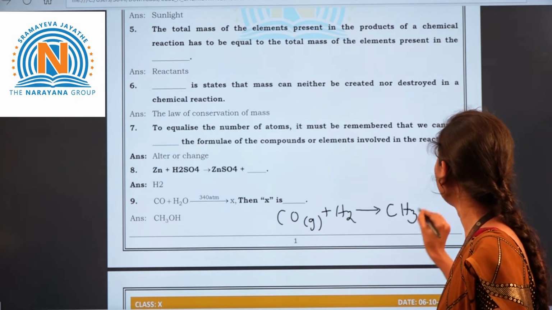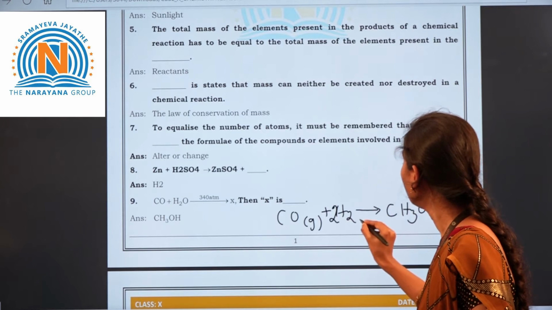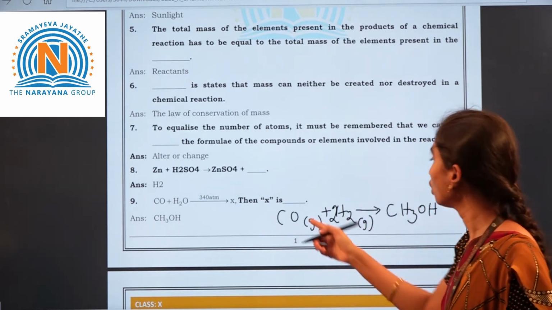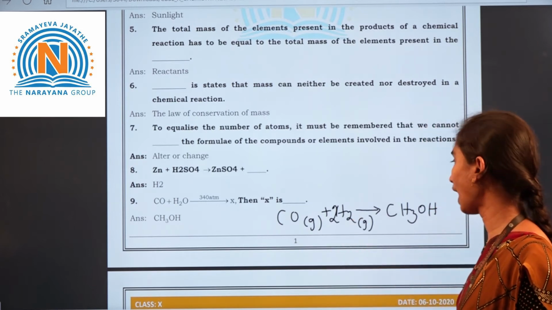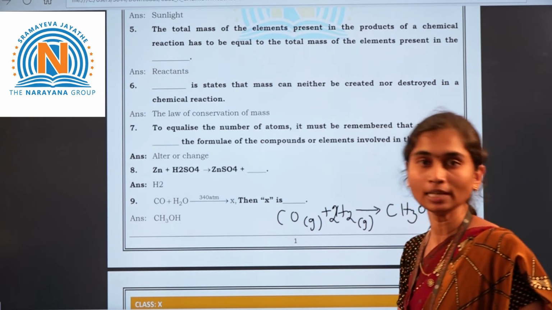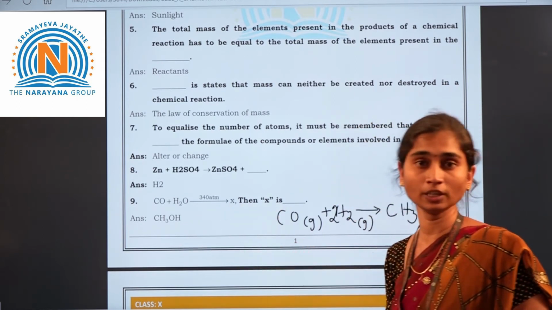What is it forming? Methanol. Just for balancing purposes, you can write 2 hydrogen molecules here. So when carbon monoxide reacts with hydrogen, it can form methanol. So what is the formula of methanol? CH3OH. So what is X here?